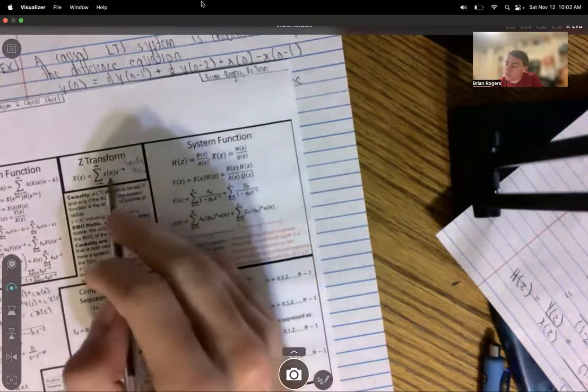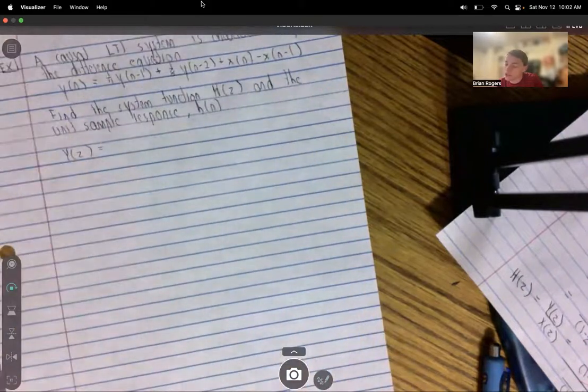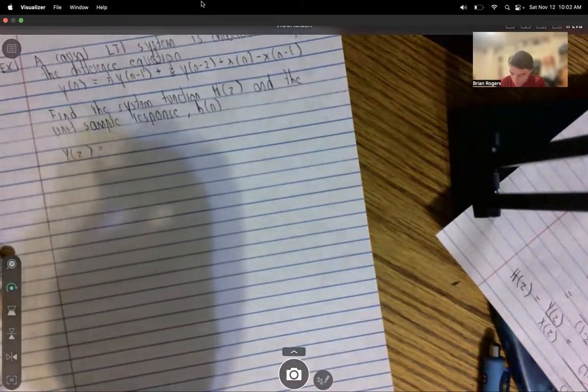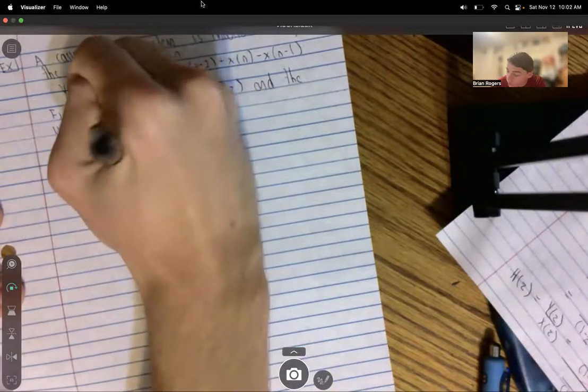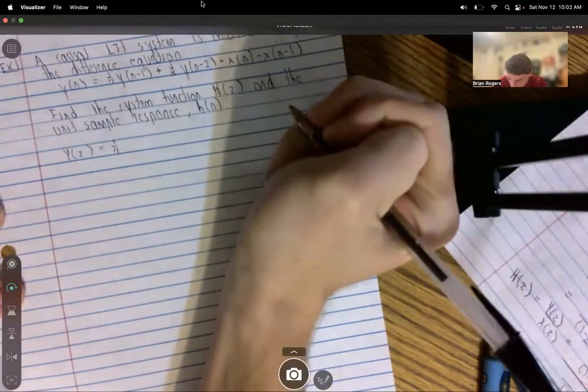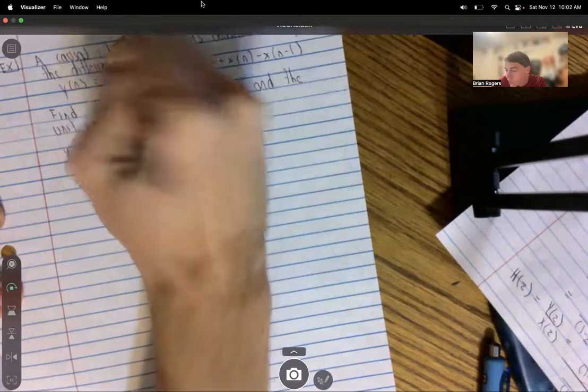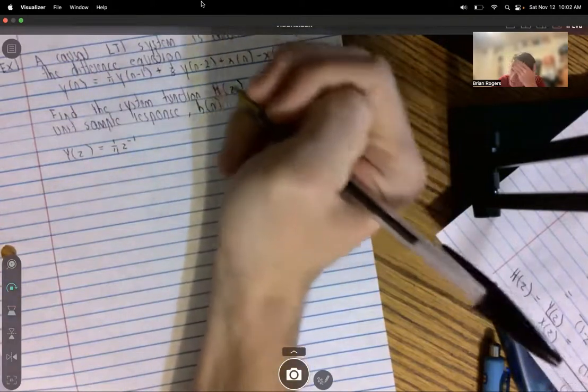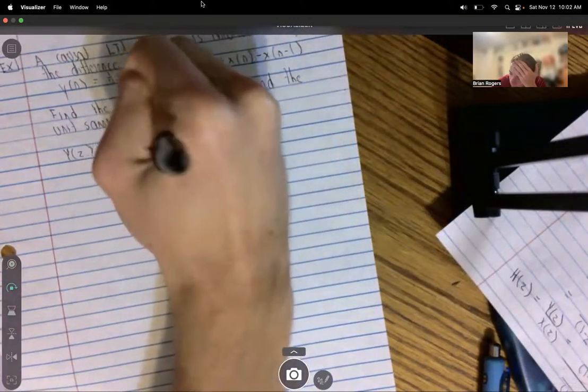And so when we do the Z transform of this, what we're going to get as a result, the 1/4 is the constant that just comes out. Then it's going to be z to the power -1, remember, and then it's going to be our capital Y of z.